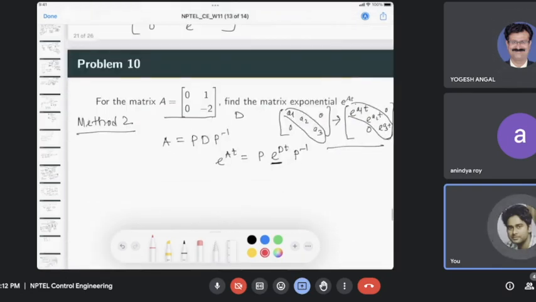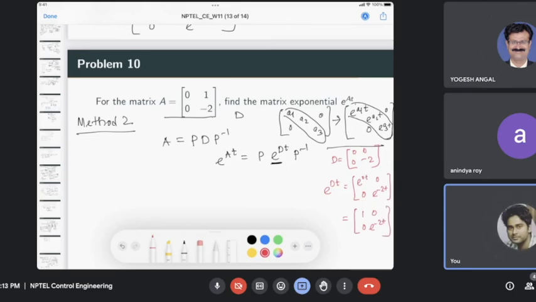So for this 2 cross 2 matrix, the diagonal matrix will be 0, 0, 0, minus 2. Its matrix exponential will be e to power 0, 0, 0, e to power minus 2t. So it is equal to 1, 0, 0, e to power minus 2t.